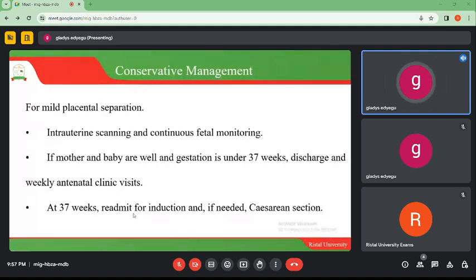If this mother is under 37 weeks, you can let her go home but continue monitoring her antenatally at least weekly. She should come for antenatal visits so that you can see the well-being of both the baby and the mother. At 37 weeks, readmit for induction and if needed, do a cesarean section to deliver the baby.